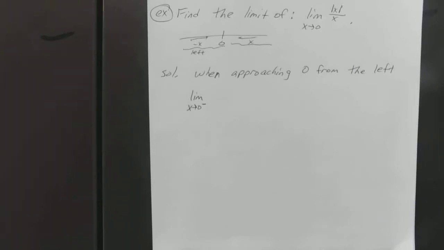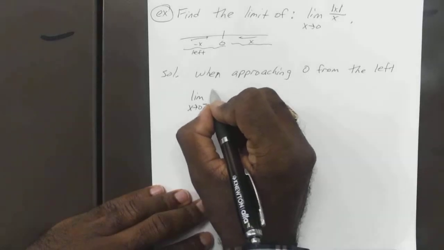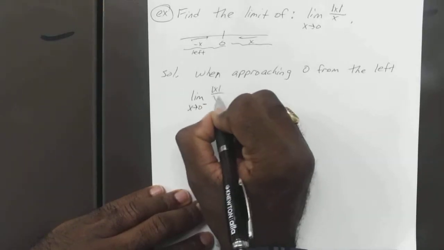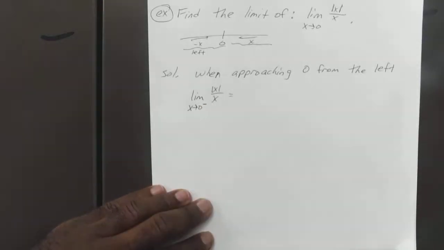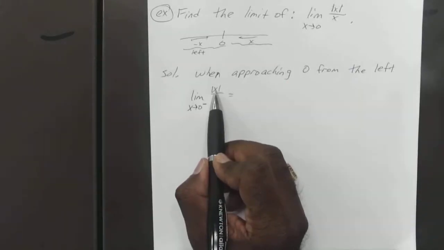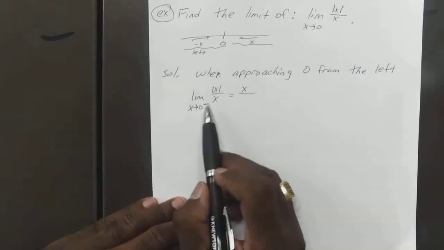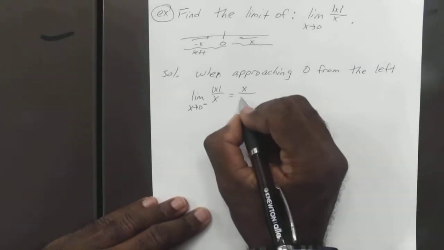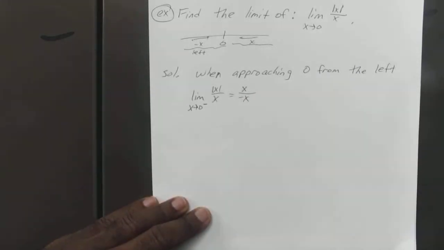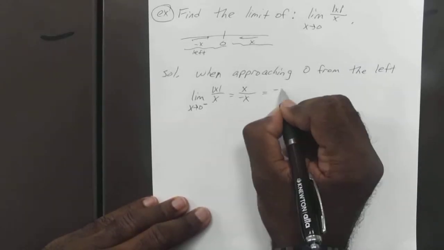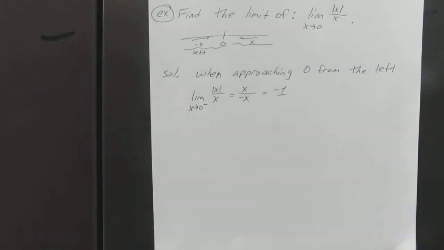That's when you're approaching it from the left. Okay, that would actually equal the absolute value of negative x is still x, because it's the absolute value. But when you plug in the negative x here, it would just be a negative x. So you end up with a limit of -1.